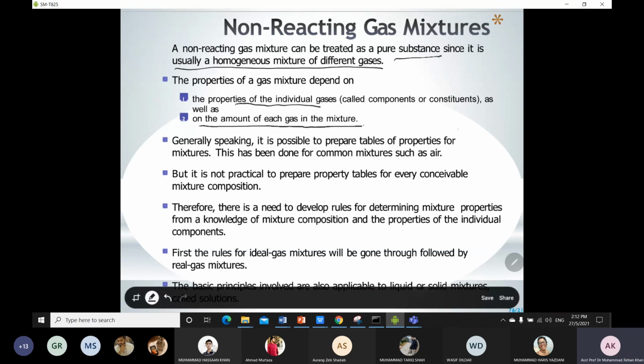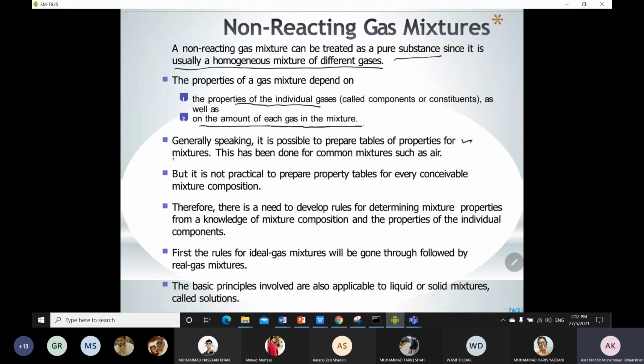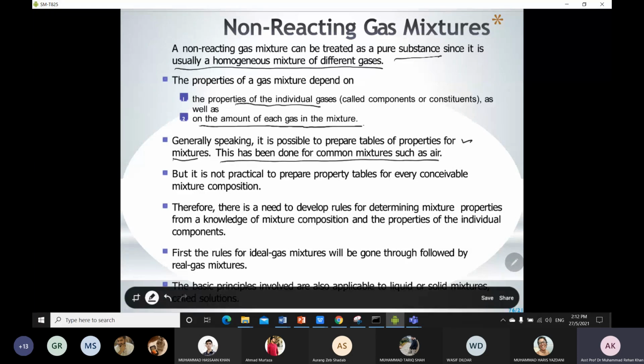Generally speaking, it is possible to prepare a property table for a mixture. This has been done for a common mixture such as air. So we already have the thermodynamic properties of air. You already noticed that when we are analyzing the gas power cycle, we have to go to the properties table and find some specific properties, that is the enthalpy, internal energy, or different sorts of properties. But it is only available for air.